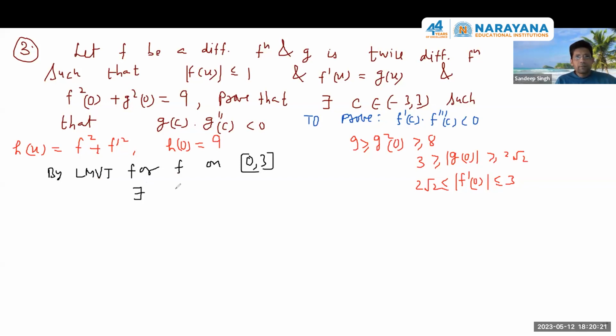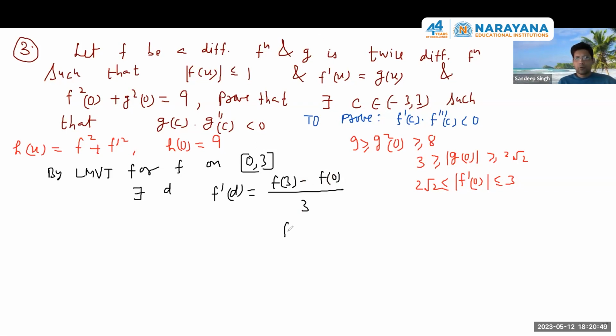So there exists some number, let us say that number is D. So F dash D equals F3 minus F0, this whole upon 3. And the function magnitude is less than 1, so the difference of these two will be at most 2.